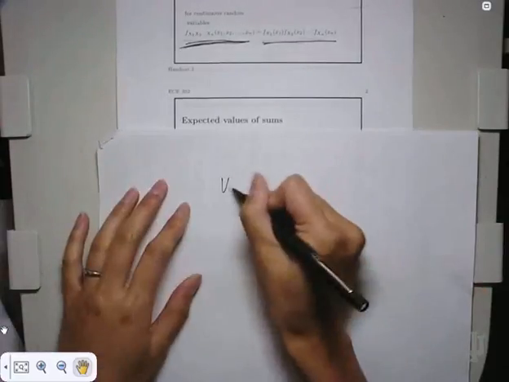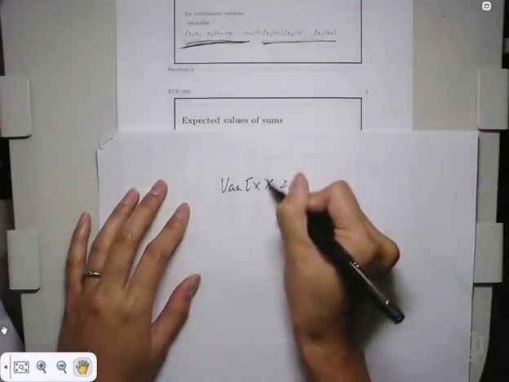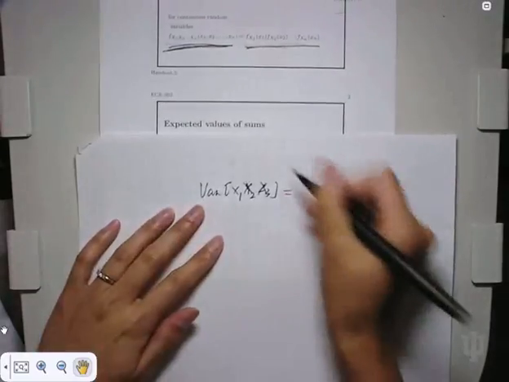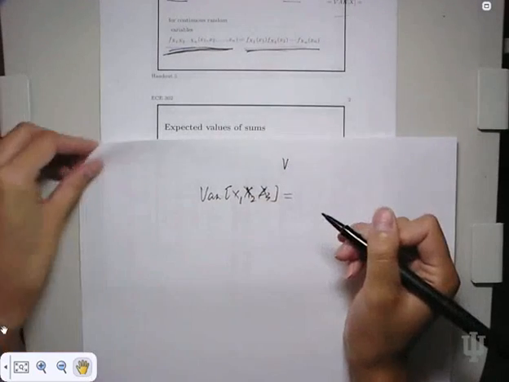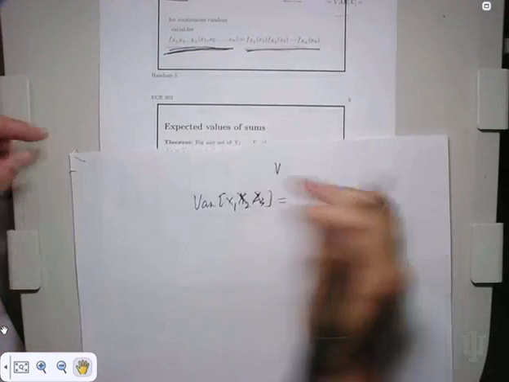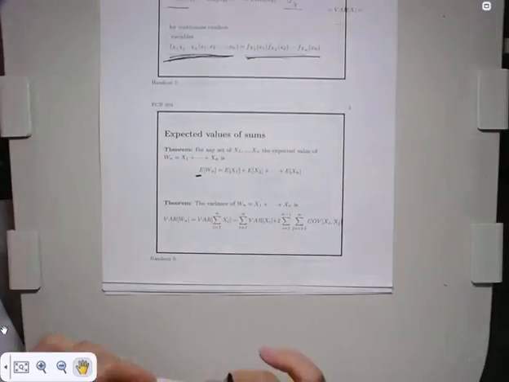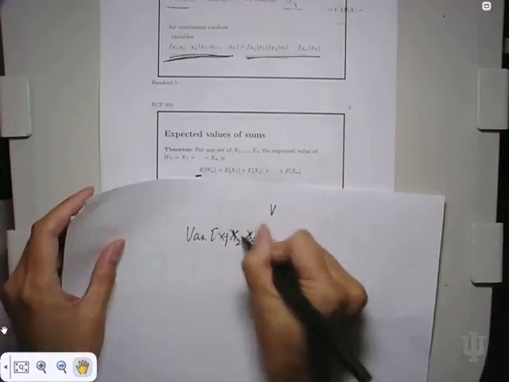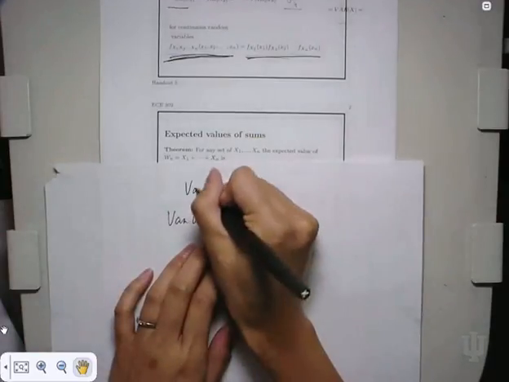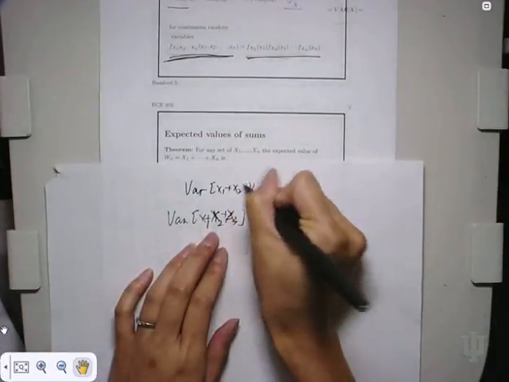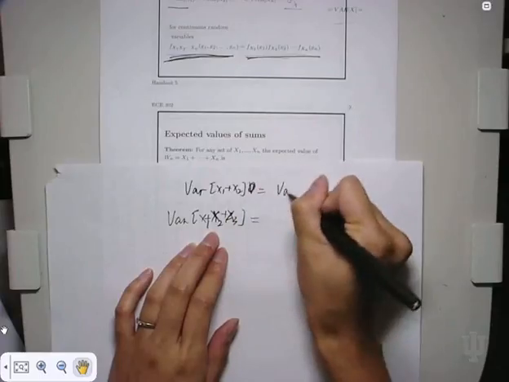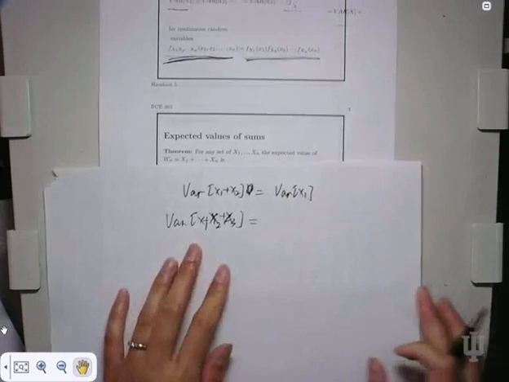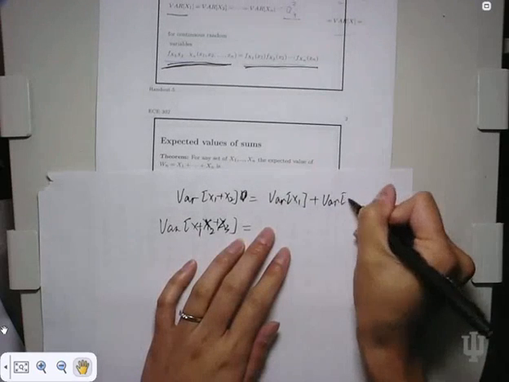If I ask you the variance of the sum of x1, x2, x3, I think you know the variance of x1 plus x2 is variance of x1 plus variance of x2 plus the covariance term. If you still remember, when we talked about the concept of covariance, this is where your covariance comes from.